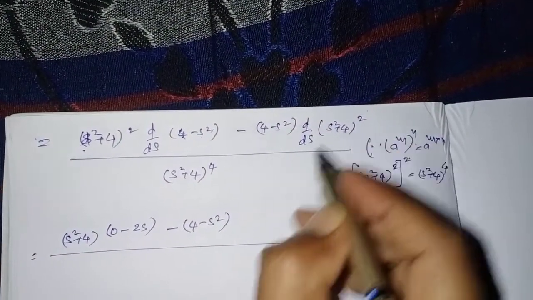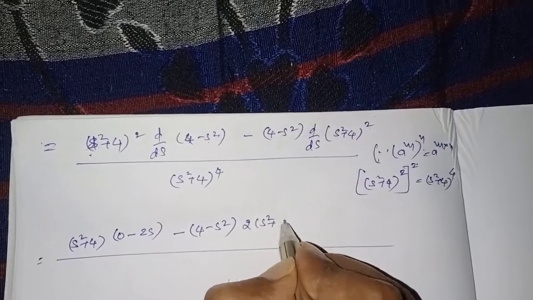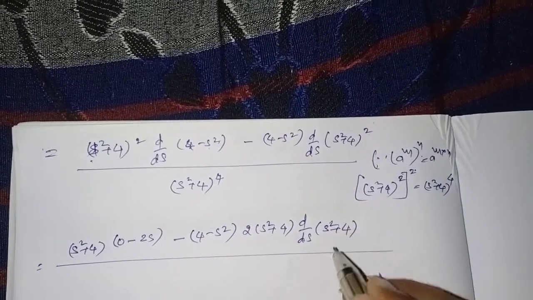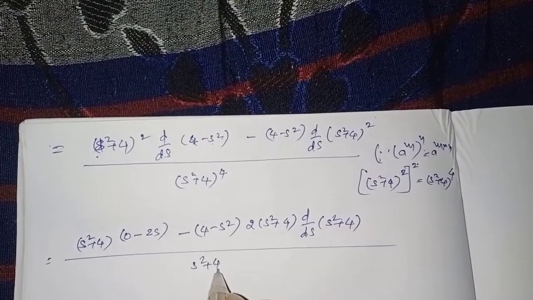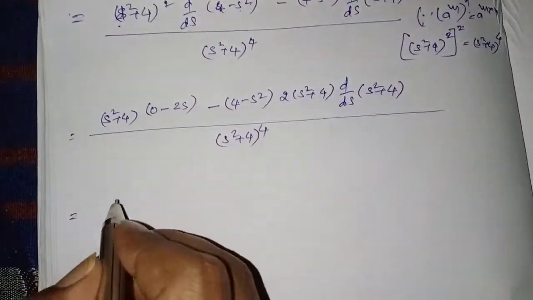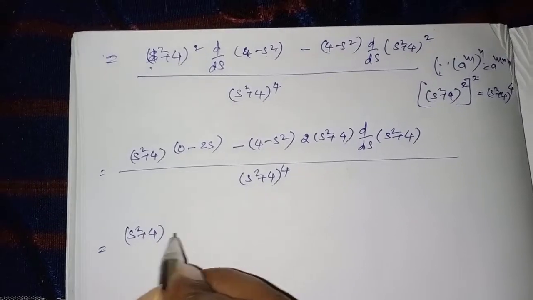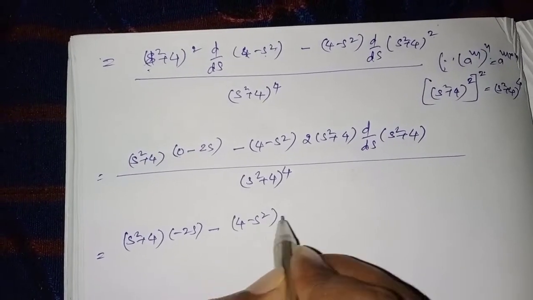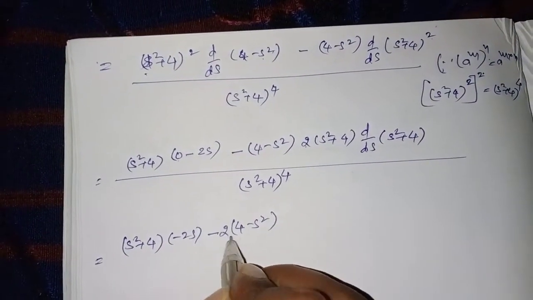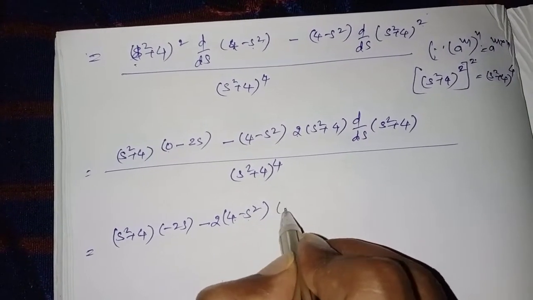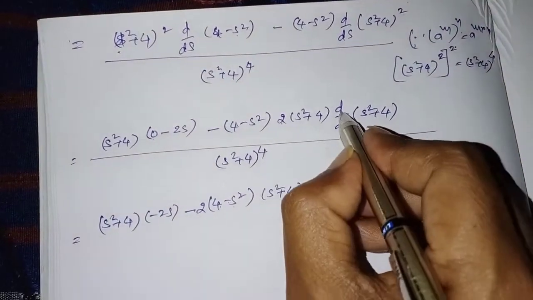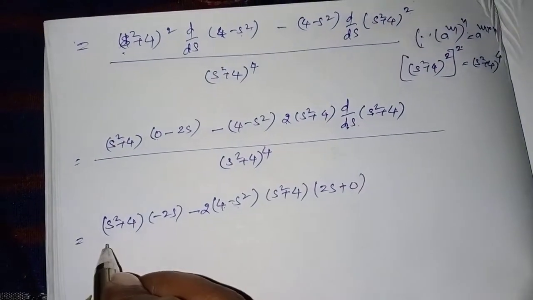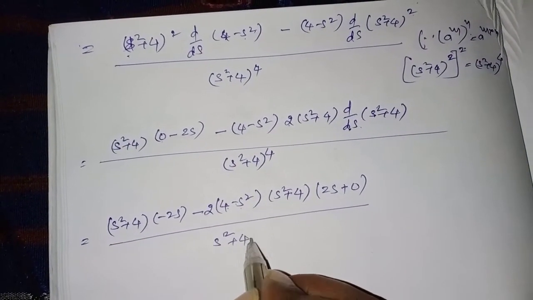Apply the differentiation only to the exponent, that is 2 into (s square plus 4) into differentiation of only the base, s square plus 4, upon (s square plus 4) whole power 4, which is equal to (s square plus 4) into 0 minus 2s, that is minus 2s, minus (4 minus s square) into 2, so just write 2 here, 2 into (4 minus s square) into (s square plus 4) into d by ds of s square, which is 2s, plus d by ds of the constant, which is 0, whole upon (s square plus 4) whole power 4.